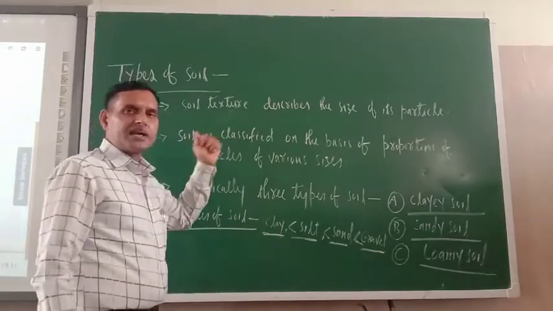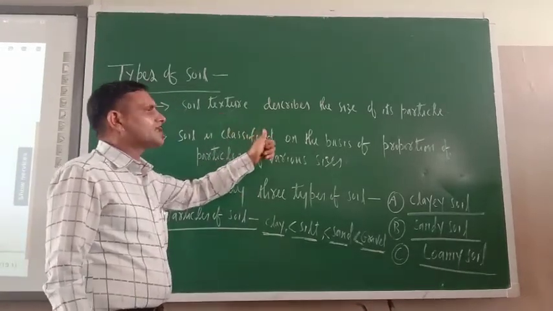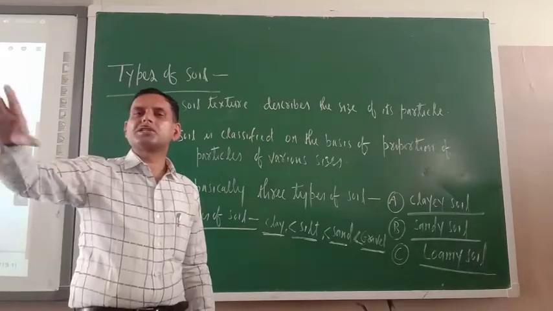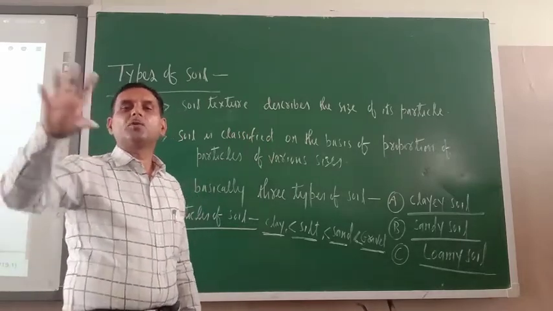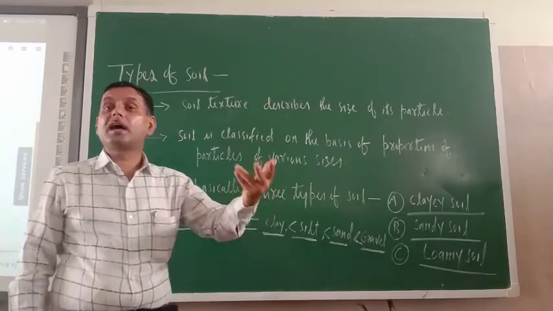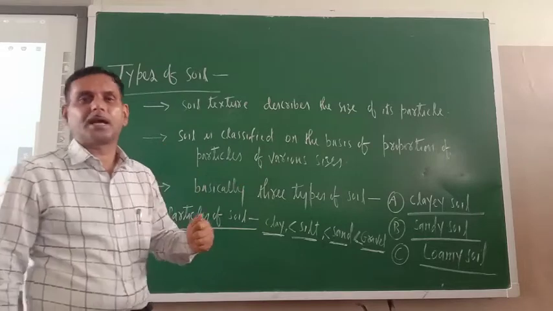Remember, soil texture only describes the size of the particles. It means if you see the profile of soil, only then will you come to know what kind of particles are found in that particular sample of soil.